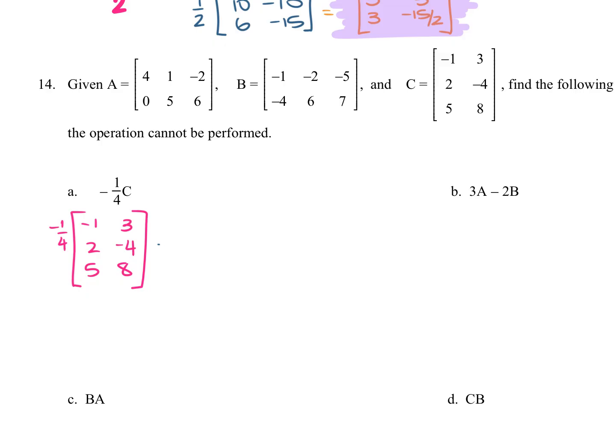So this gives us the matrix positive 1/4, negative 3/4, negative 2 over 4, which is negative 1/2. Negative times negative is a positive, so 4 over 4 is 1. Negative 5 over 4, and negative 8 over 4, which is negative 2.